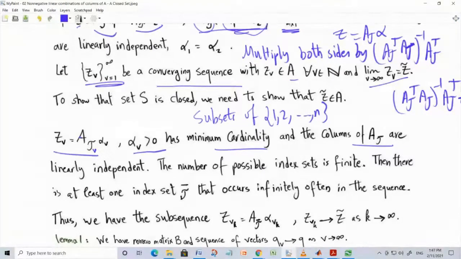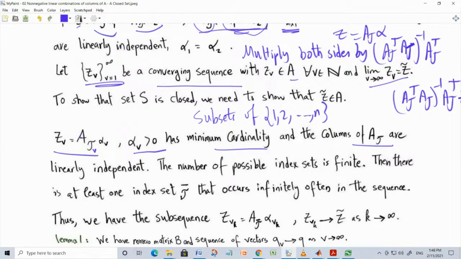This set has a finite number of subsets, 2 to the power n. This can be an extremely large number, but it is still finite, which means that the possibilities for AJ are finite. Because we have an infinite sequence, there must be at least one possibility for the index set that continues forever.